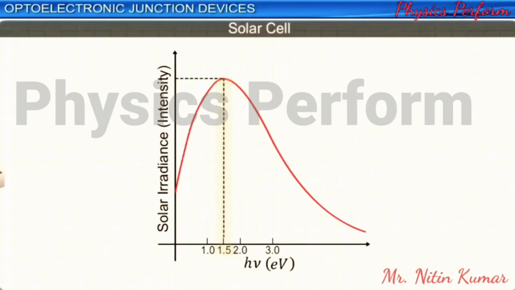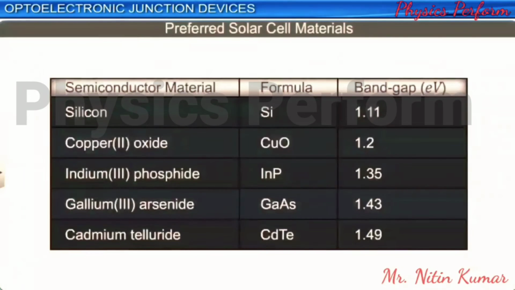Thus, semiconductors having band gaps lower than 1.5 electron volts are used in the manufacturing of solar cells. Here are a few examples.